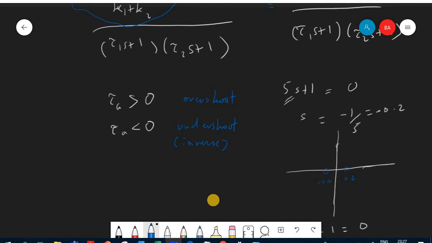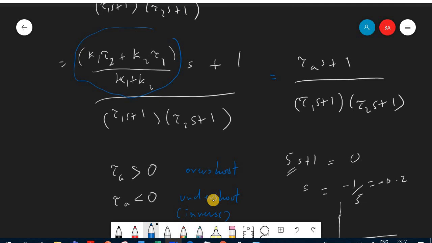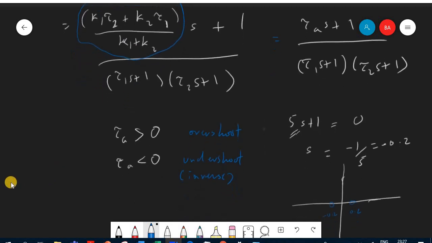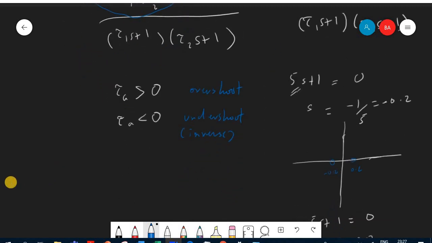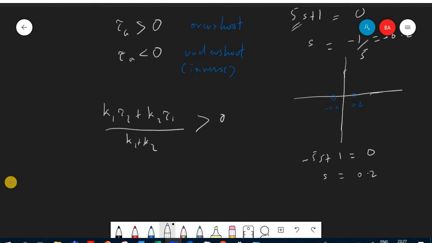Okay, so these are the cases. And actually, if you would like to look more in depth into it, we already got the value of tau a. We have how tau a looks like. So if we try to work on this tau a, where I'm saying tau a is greater than 0, so I have K1 tau 2 plus K2 tau 1, over K1 plus K2, is greater than 0.